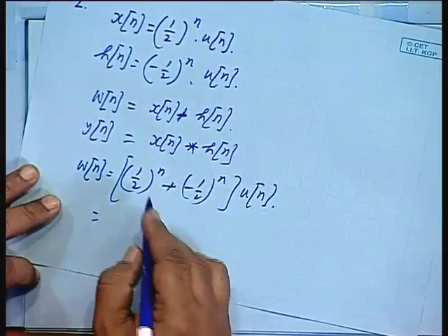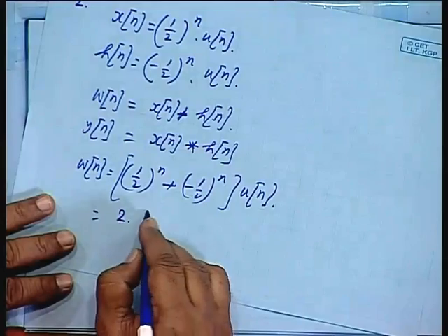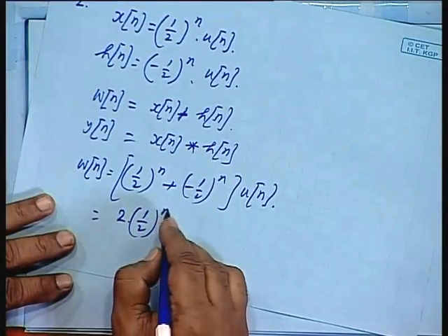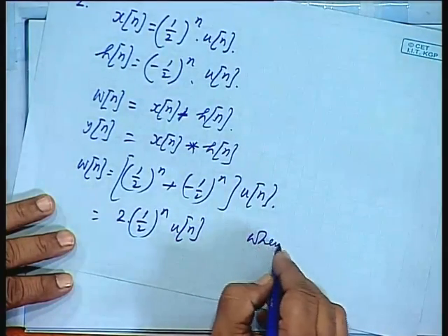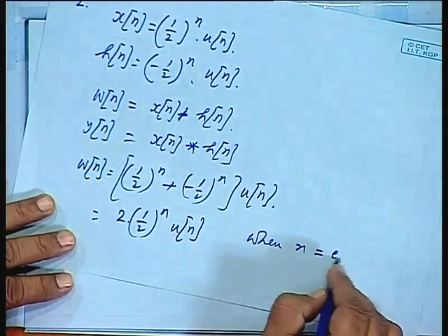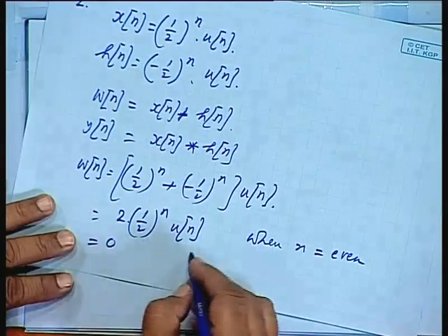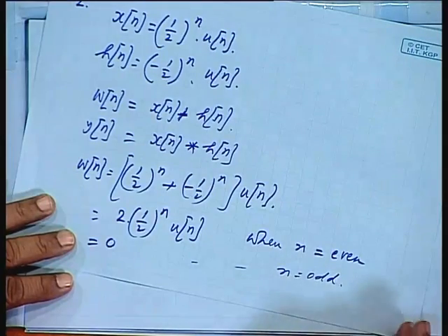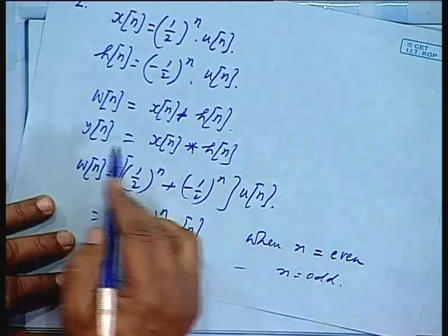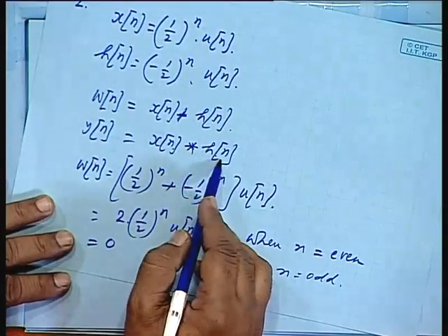So, when n is even, they will be the same. So, 2 times half to the power n u[n] when n is even, equal to 0 when n is odd. Okay. One may similarly find out y[n] by taking the convolution.